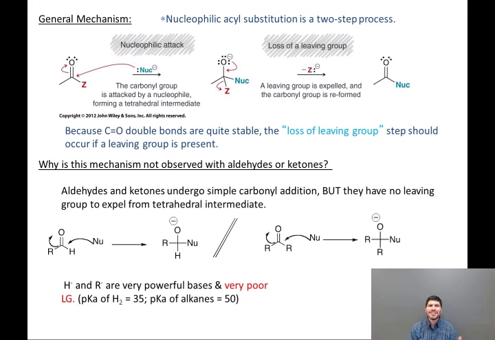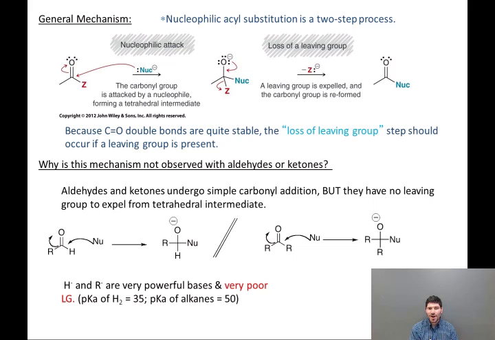How do we know this? H- is the conjugate base of H2, and H2 has a pKa of 35. R- would be the conjugate base of an alkane, and alkanes have a pKa of 50. So that is why you do not get the nucleophilic acyl substitution mechanism with an aldehyde or ketone.